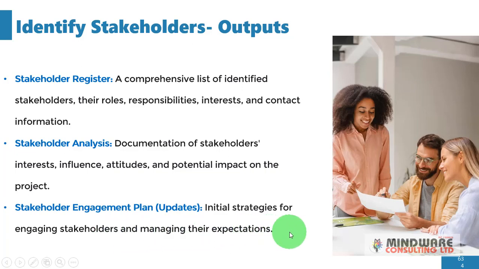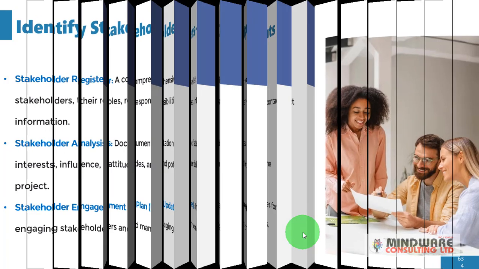So with all the data you've gathered about your stakeholders, you will now come up with an engagement plan, right, called a stakeholder engagement plan. And this plan encapsulates the initial strategies you use for engaging and managing your stakeholder expectation throughout, and it might also aid you throughout the project life cycle. Let's move on.